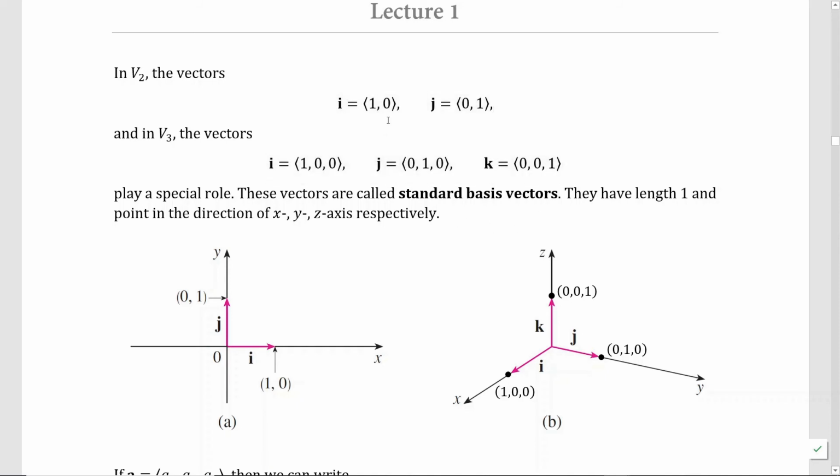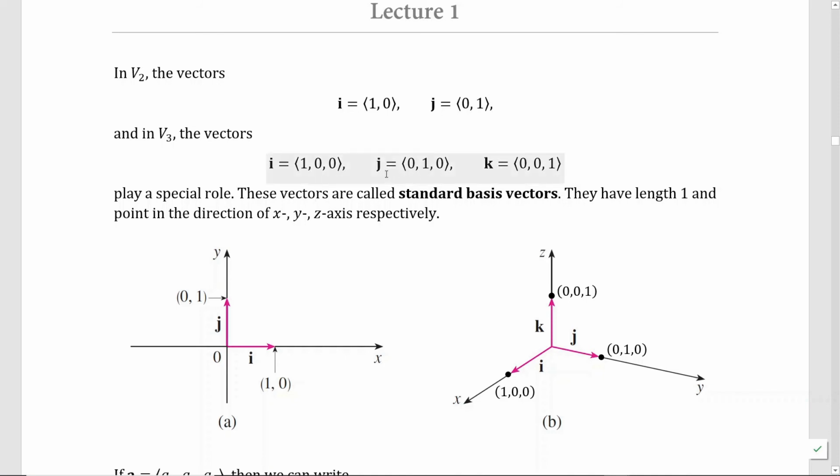In the two-dimensional case, the vector with components 1, 0 is pointing along the positive x-axis, and the vector here is pointing along the y-axis. Similarly, in 3 dimensions, the vector with components 1, 0, 0, which is denoted by the boldface i, is pointing in the direction of the positive x-axis.